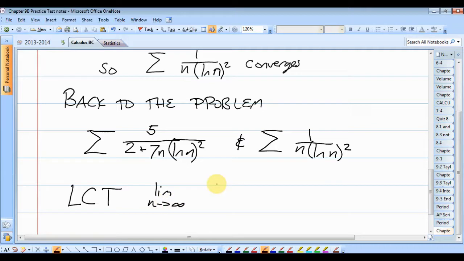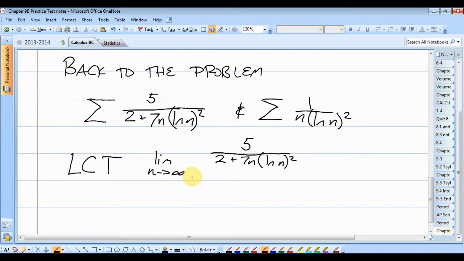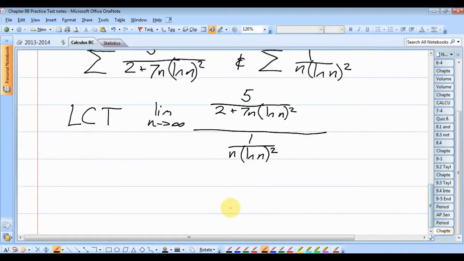We're going to put this given series on the numerator. We're going to put my series, the one that I've just proven converges, on the denominator. And we're going to see what the limit is. If I get a number, that means they both do the same thing, right?